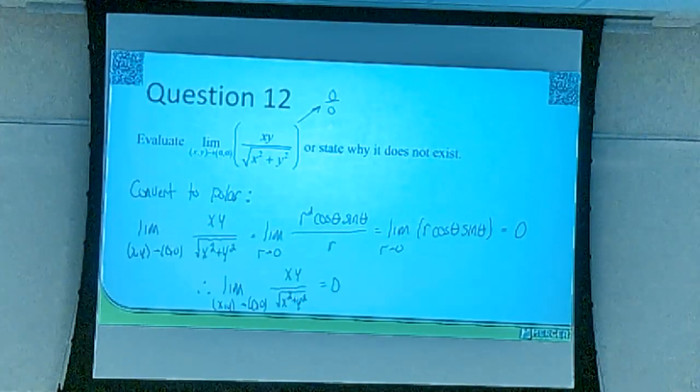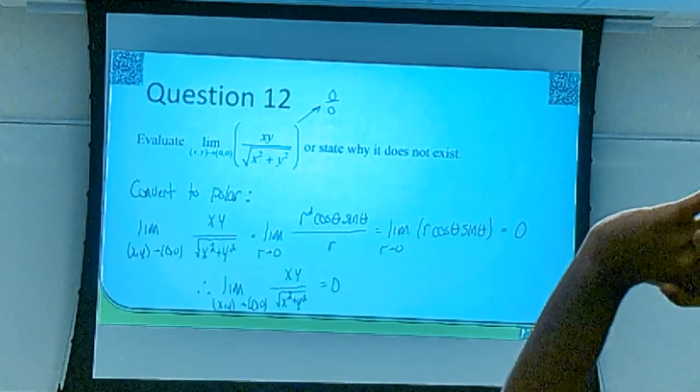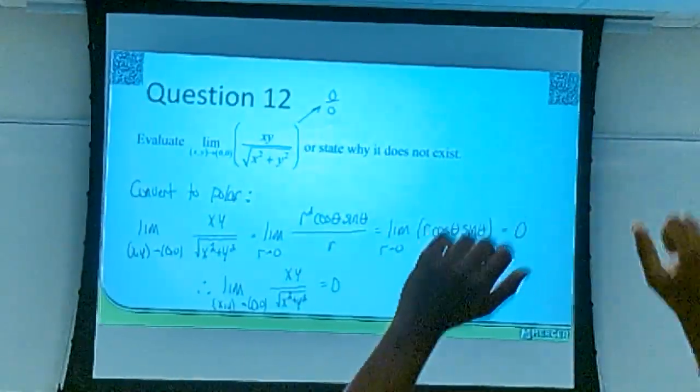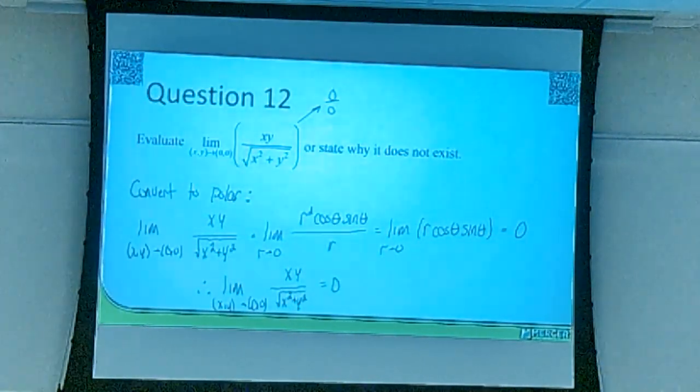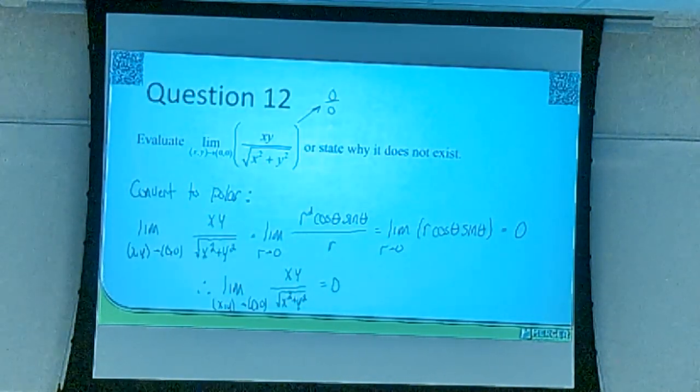And then you have the same thing if it's a three-variable function, except keep in mind you also have two additional coordinate systems. You have cylindrical and spherical that you can convert to.